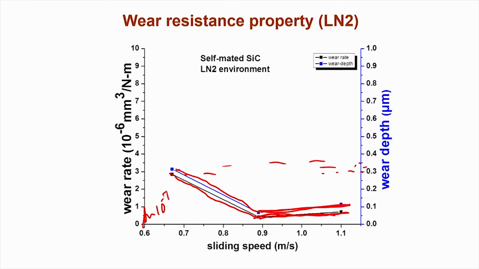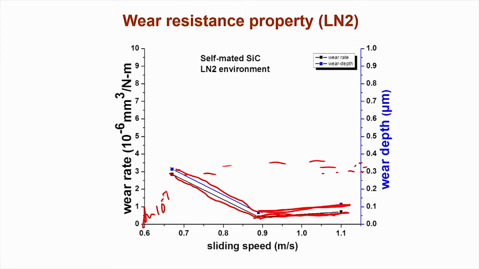So, essentially what I am trying to point out here is that it is possible to decrease the wear rate by 1 order of magnitude, or that self-melted silicon carbide can experience 1 order of magnitude less wear rate at a higher sliding speed of 1.1 meter per second compared to what it experiences at 0.67 meter per second.